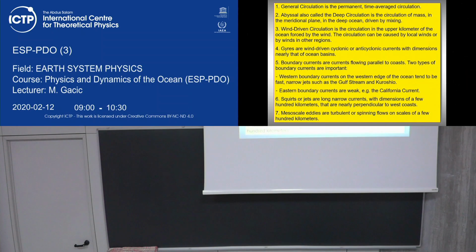For you meteorologists, you know that they are equivalent to cyclones which appear in the atmosphere. Mid-latitude cyclones, which determine the weather in the atmosphere, are equivalent to these mesoscale eddies in the ocean. In the atmosphere we call it weather.